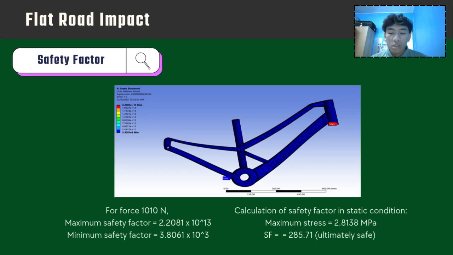For the safety factor calculation, the maximum stress that it can handle is 2.8138 MPa, and the result is 285.71. This shows that the bicycle is in a safe condition on the flat road surface.